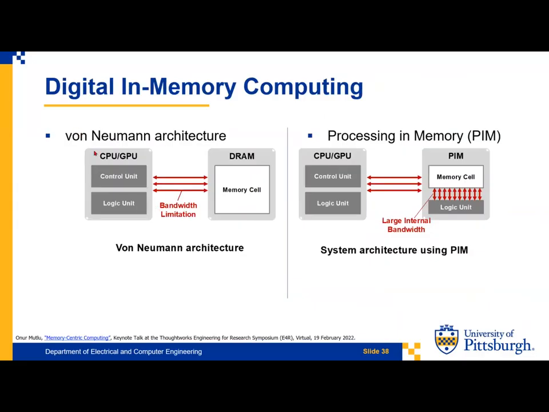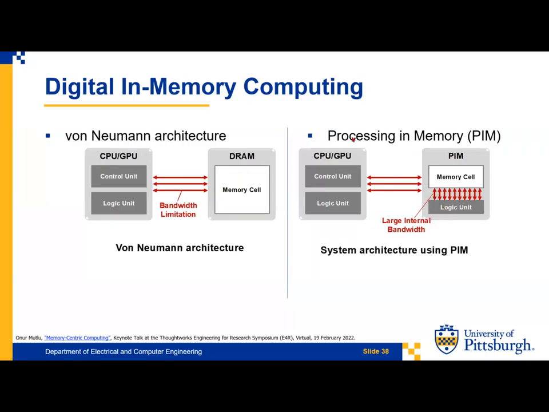Okay, so let's start to introduce the digital in-memory computing. On the slide, the left hand side is the von Neumann architecture. The right hand side is the processing in memory, the digital implementation. It just moves the logic unit from your processor, CPU or GPU, to your memory.